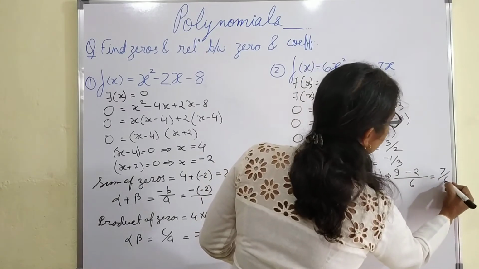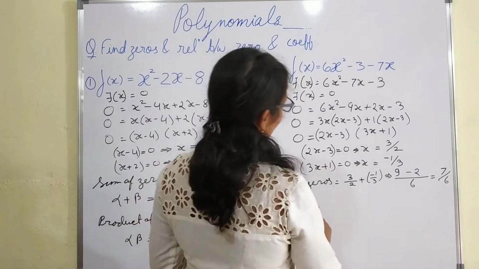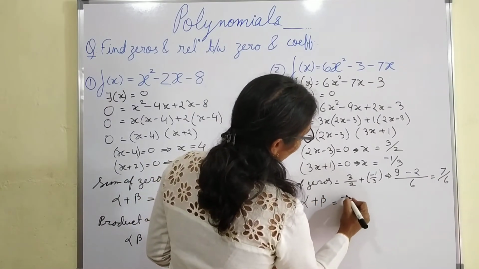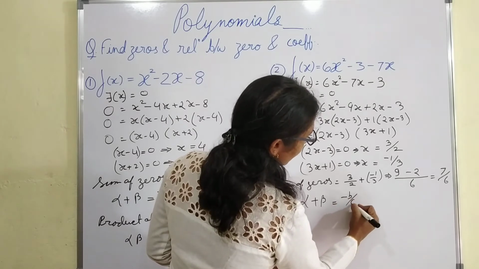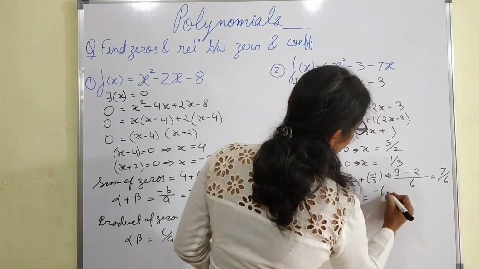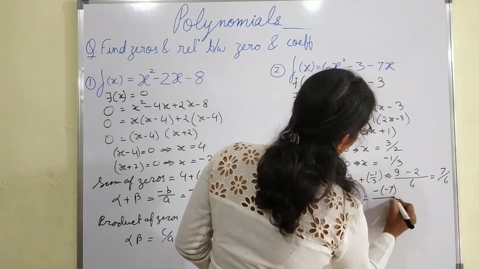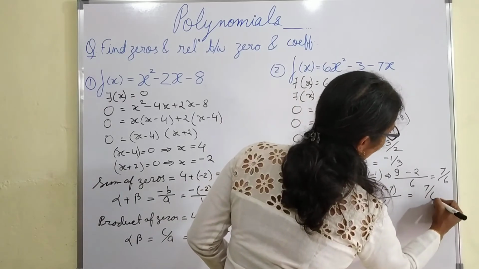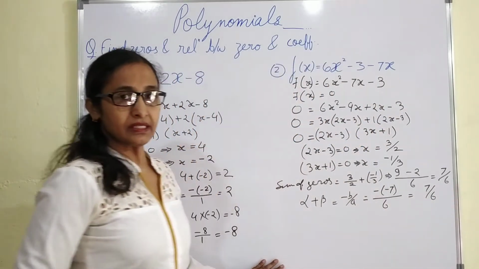7 upon 6. Okay. Now, sum of the zeros means alpha plus beta equals minus b upon a. So, minus b upon a means minus of minus 7, and a is 6. So, sum of the zeros is also 7 upon 6.